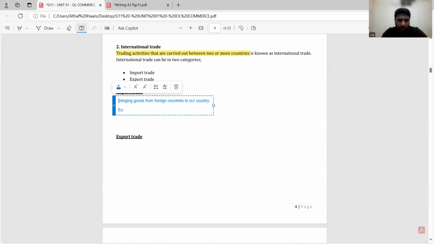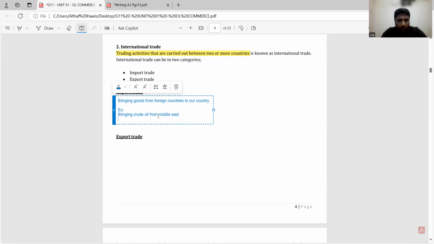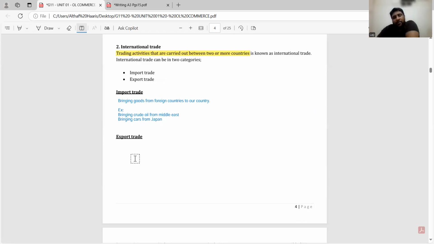Example: bringing crude oil from the Middle East, bringing cars from Japan. So that is import trade.